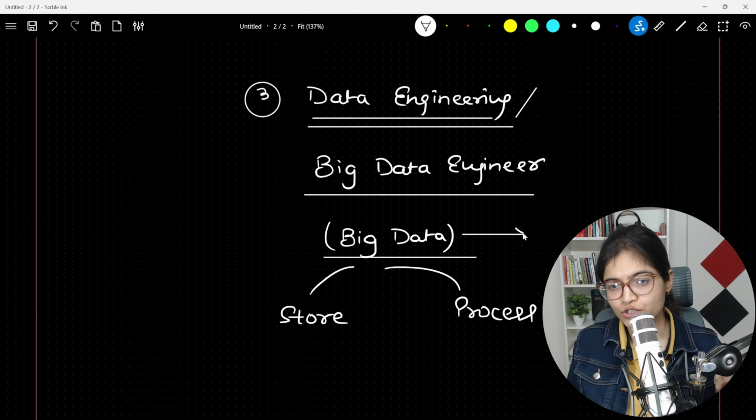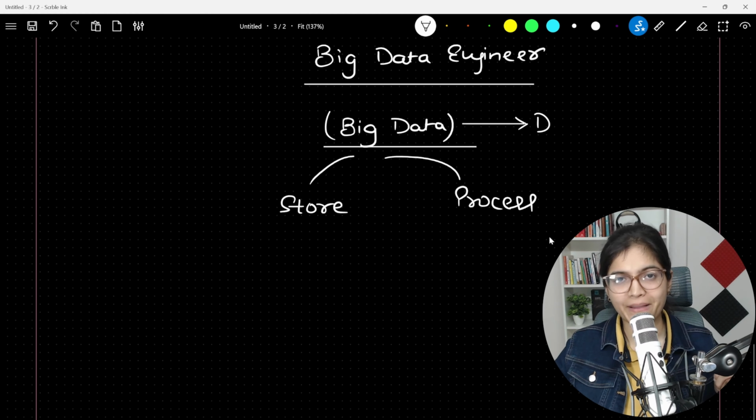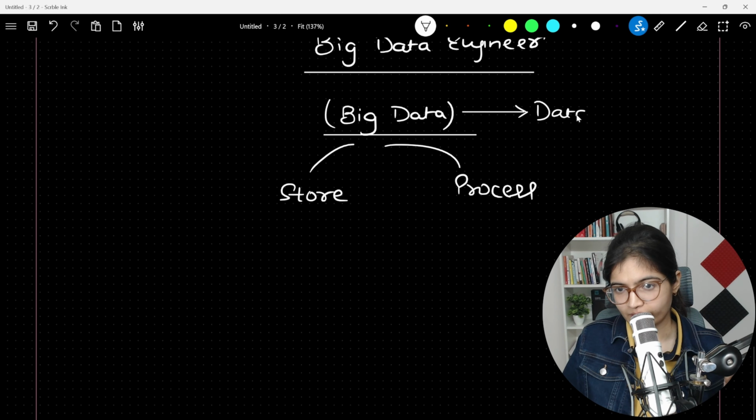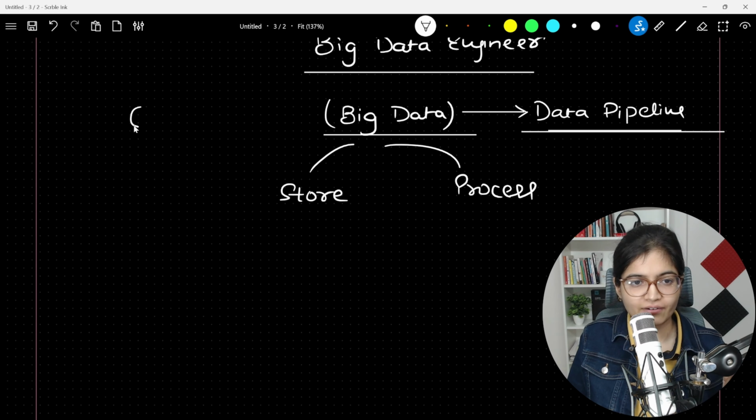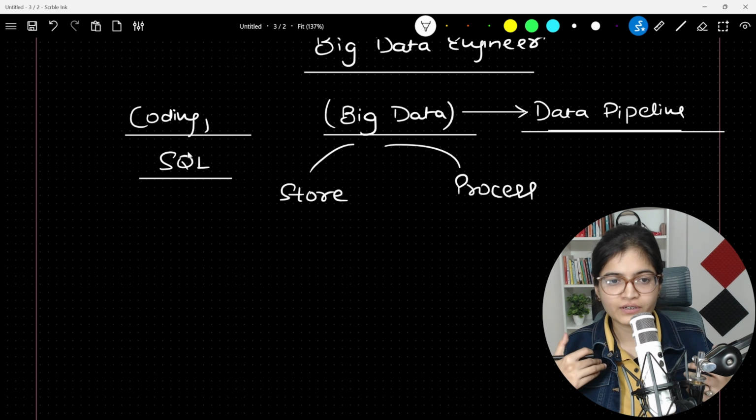So basically you need to curate a complete data pipeline end to end. And this is not an easy task. It again requires coding, and knowledge of SQL too, because you will be writing a lot of SQL commands to fetch the data.